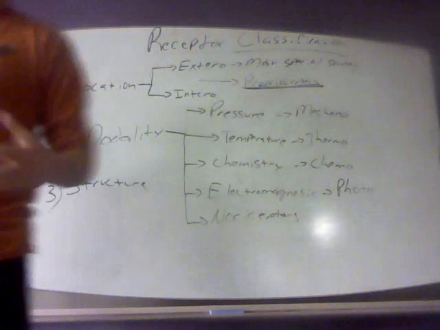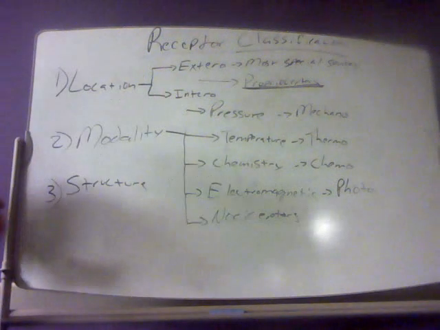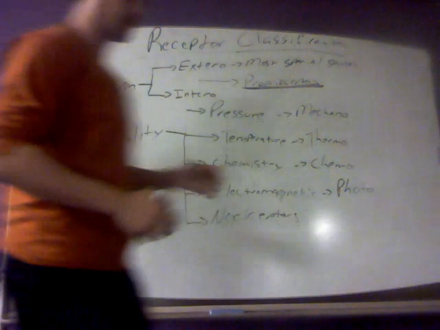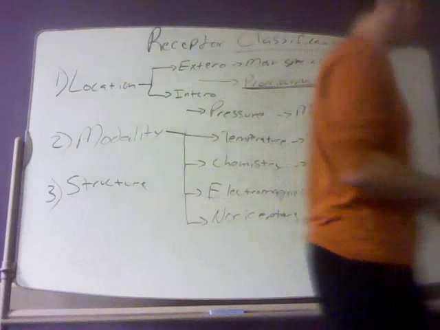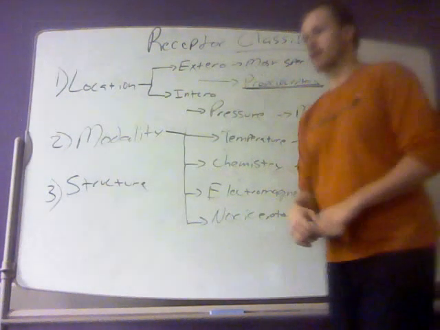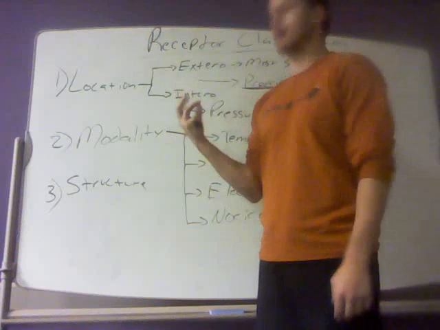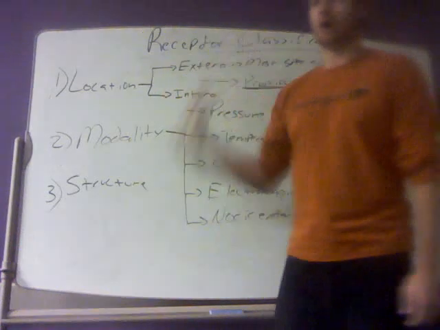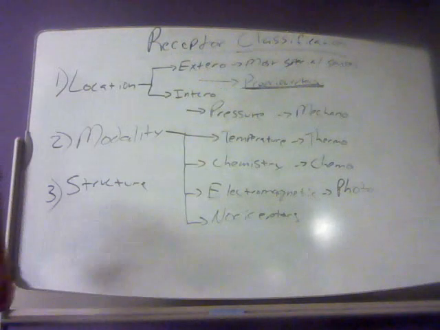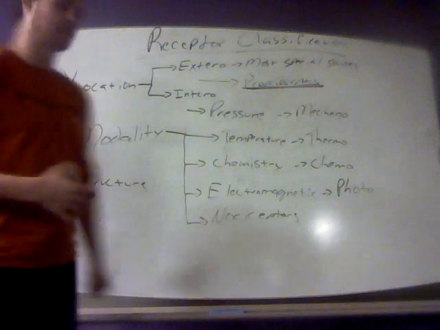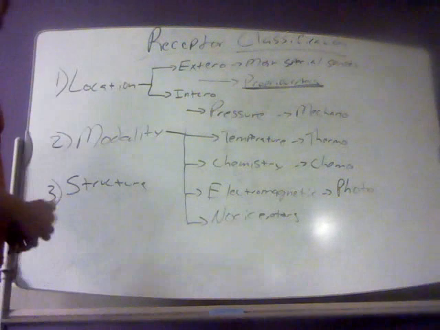For example, the stereocilia of the ears are found within the cochlea of the ear, embedded within bone and water, and they need the help of the eardrum and the auditory ossicles so that hearing can take place. It's a complex system of receptors.